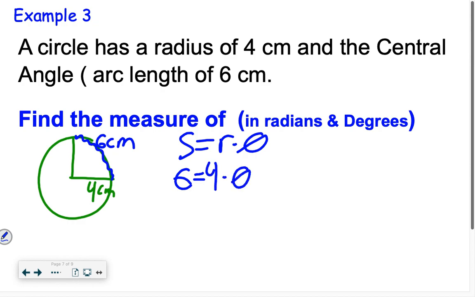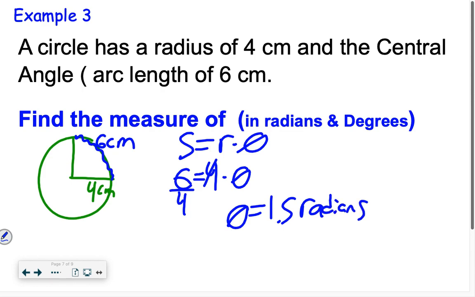Well, how do we solve for theta? You just divide by 4, right? So you divide by 4, you get 3 over 2 or 1.5. So theta equals 1.5. Now if you remember, theta was always in radians. So that's radians. Well, let's convert that to degrees, okay?